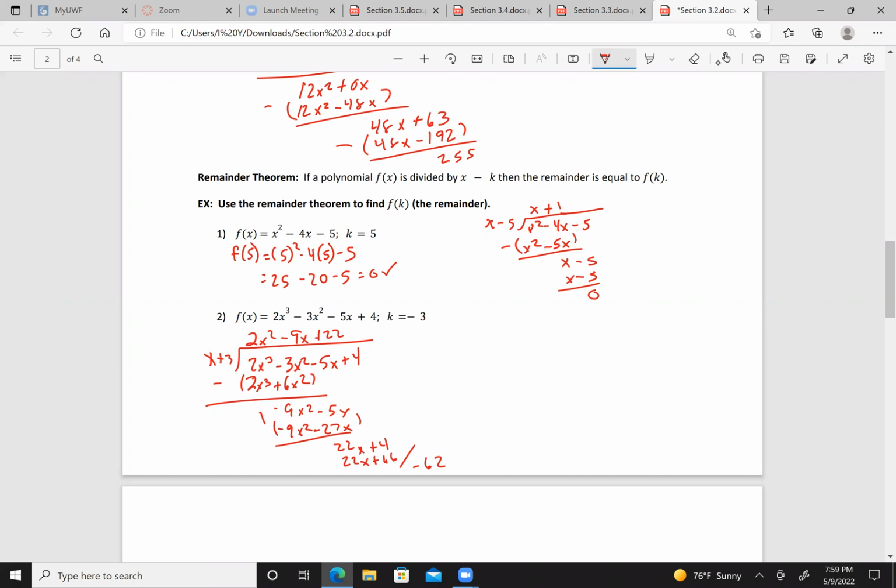So what is f of -3? Now it's 2 times -3 cubed minus 3 times -3 squared minus 5 times -3 plus 4. Well, -3 cubed is -27, and this is -54.